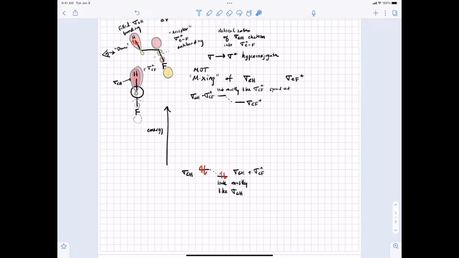So for our donor orbital, better hyperconjugation would occur with higher energy electrons.